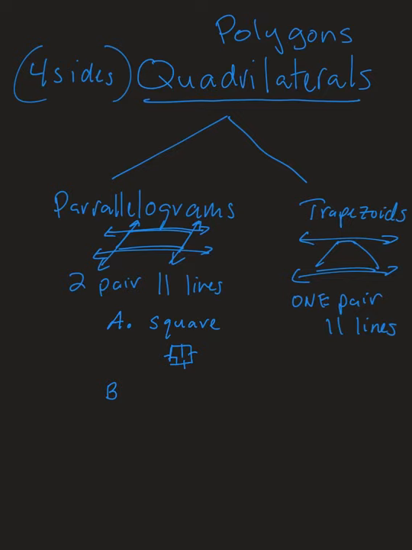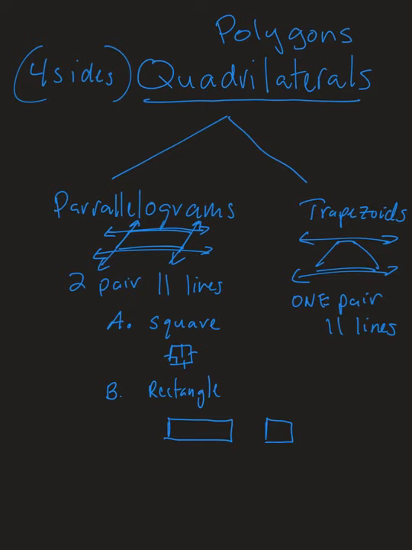The next one is going to be a rectangle. Why did I draw 2 shapes? Well, first of all, we know that this is a parallelogram because the left and right and the top and the bottom are both parallel.